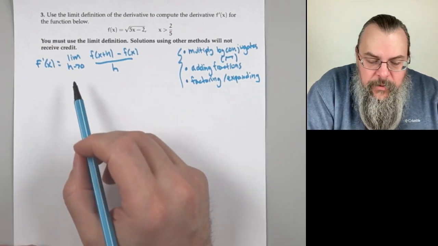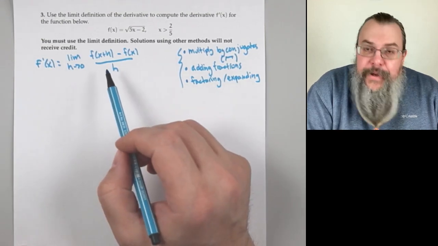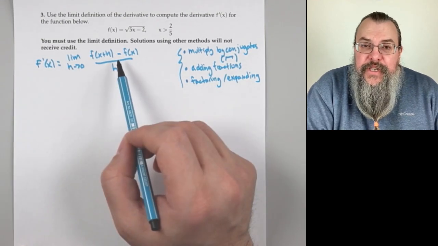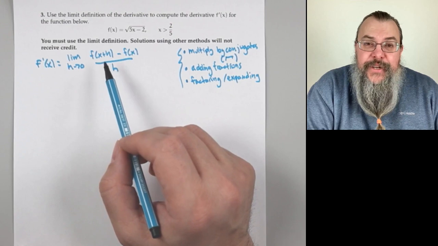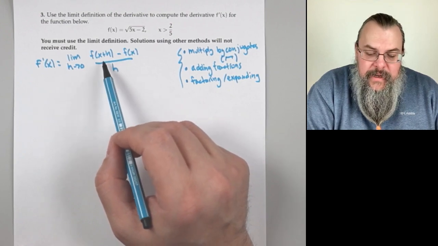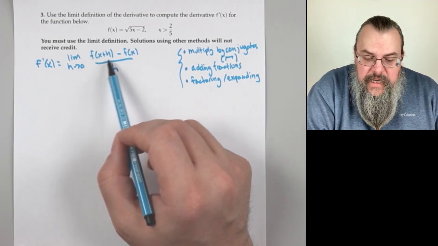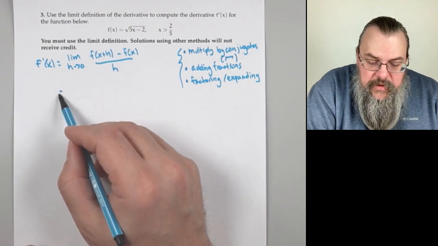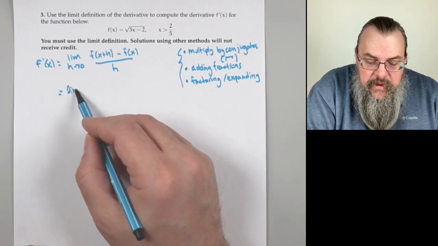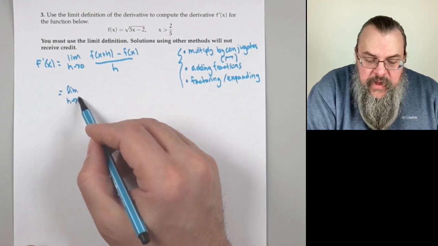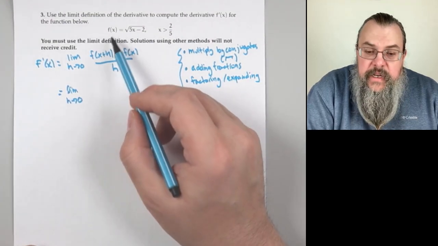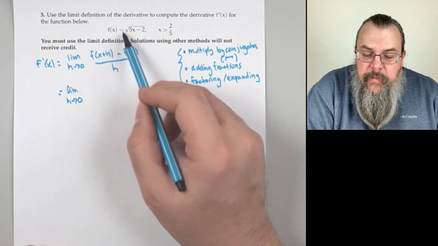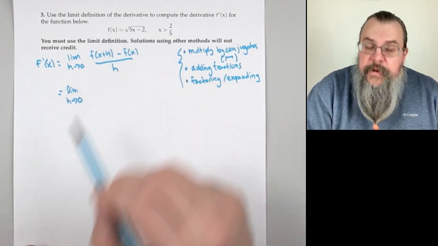Okay, so what happens? Now we come to, after the definition, one of the hardest parts: making sure to know what goes on. Notice this says plug in x plus h. So what do you do? The answer is really not too bad. It says everywhere where I see an x in my expression for my function, I put x plus h.